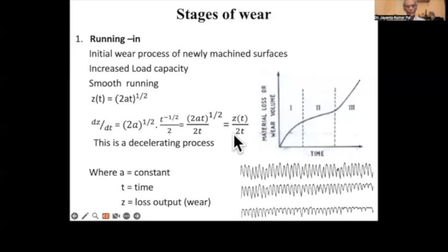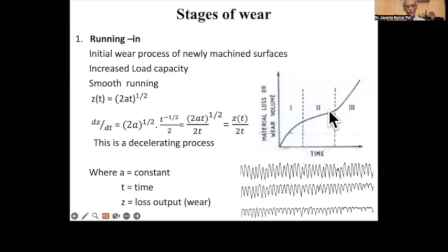That means with time, it is decreasing. So this is a decelerating process. And this is quite clear because we see that the slope of the curve is slowly coming down.